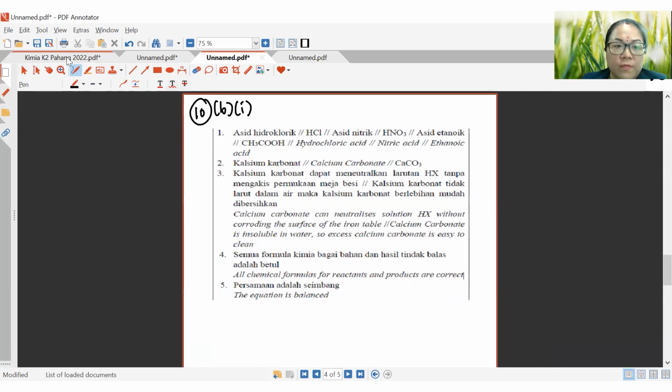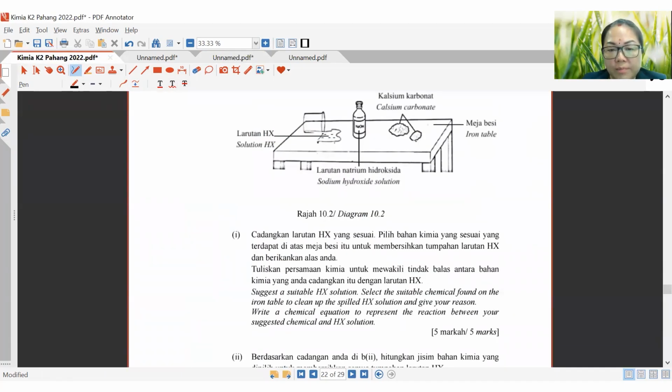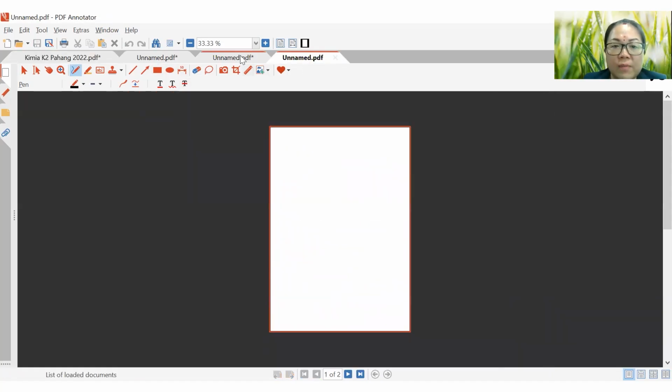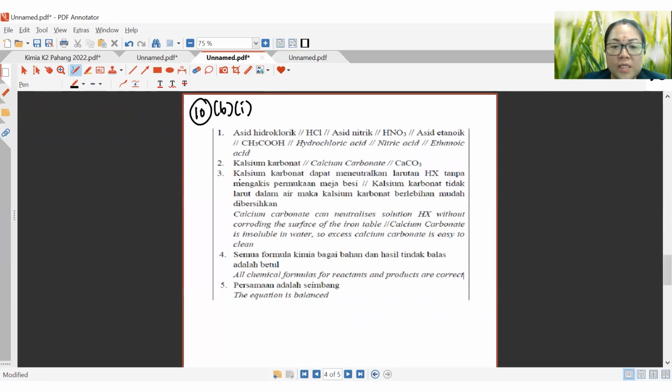Okay, second, suitable chemical found on the iron table to clean up the spillage of HX solution and give your reason. So we have to find the type of chemical which is suitable. In this case, we use calcium carbonate. Why?